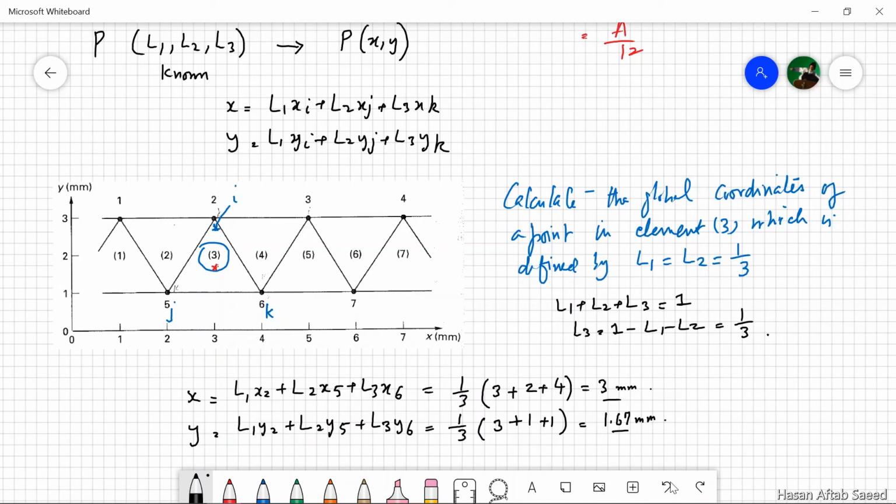So this centroid location in the global coordinates is 1.67. In the local coordinates, obviously, it was 1 by 3, 1 by 3, 1 by 3. Now note that all elements 1, 2, 3, 4, 5, 6 all have this centroid at 1 by 3, 1 by 3, 1 by 3. But when we come to the global coordinates, each will have unique different coordinates.